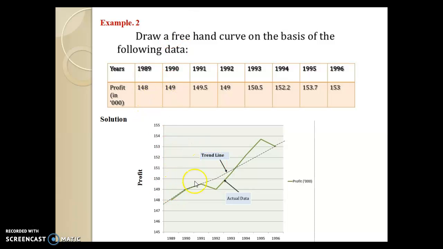This is the graph as per the solution, following this procedure, with profit in 1000. All these points are plotted on the graph paper and joined by a straight line, which is the trend line, and this line shows the actual data.